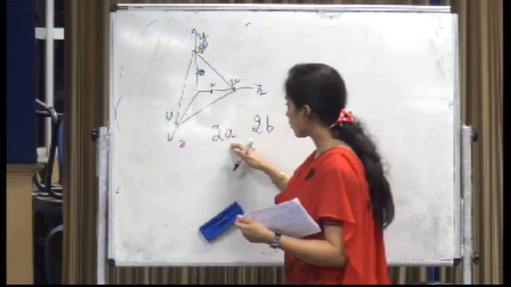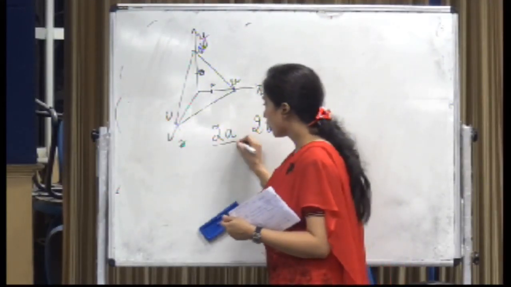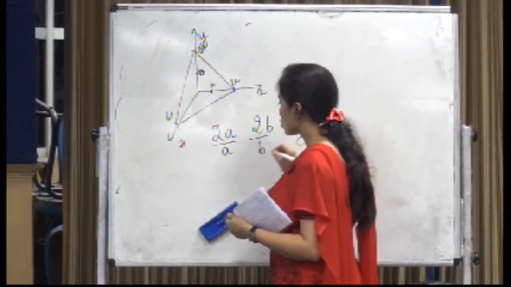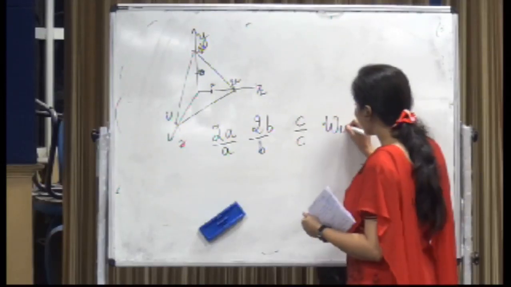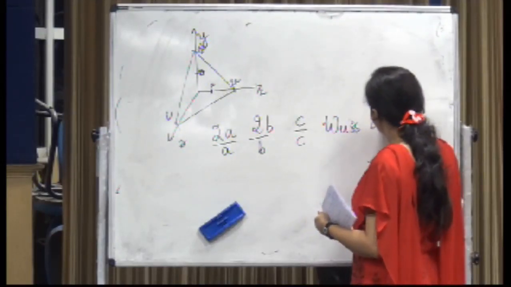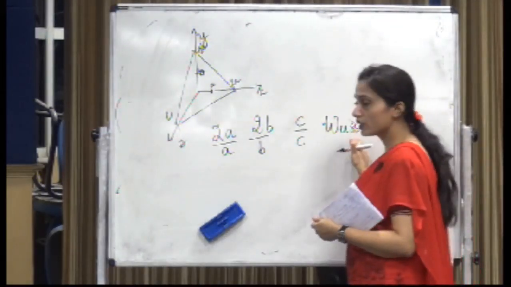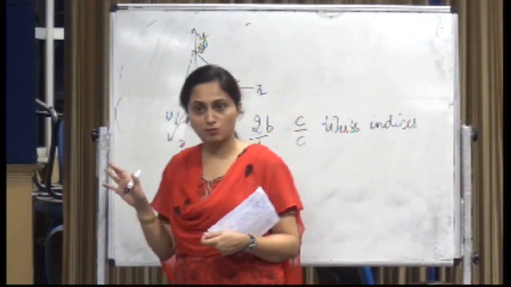The ratio of these coordinates with their basic unit vectors is known as your Weiss indices. What are these known as? Weiss indices. समझ में आया?